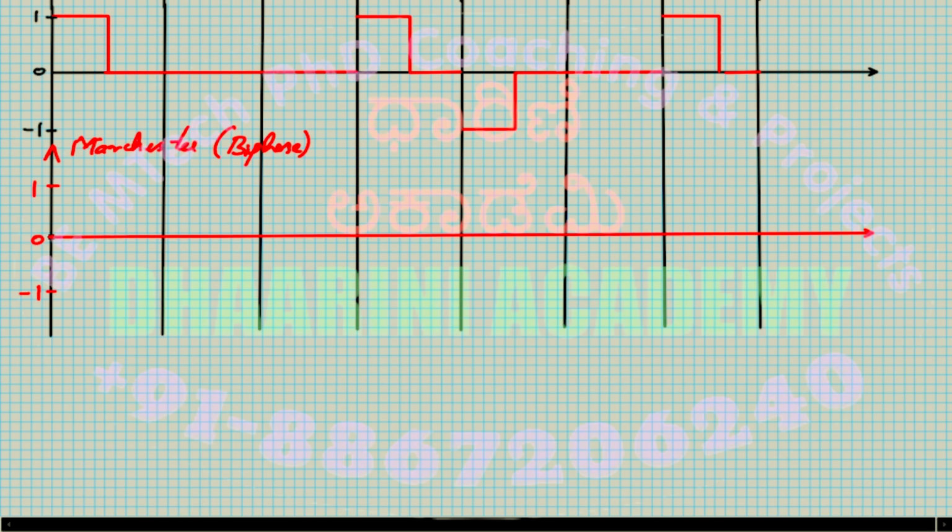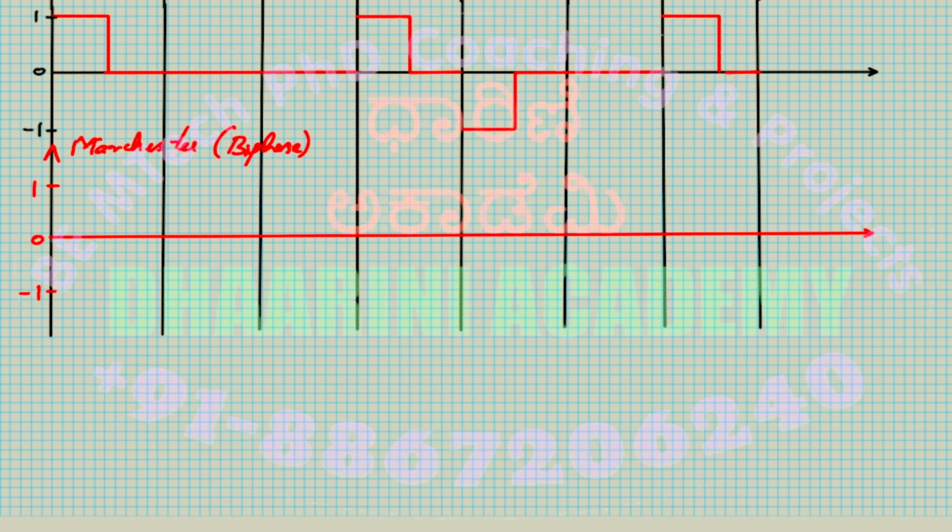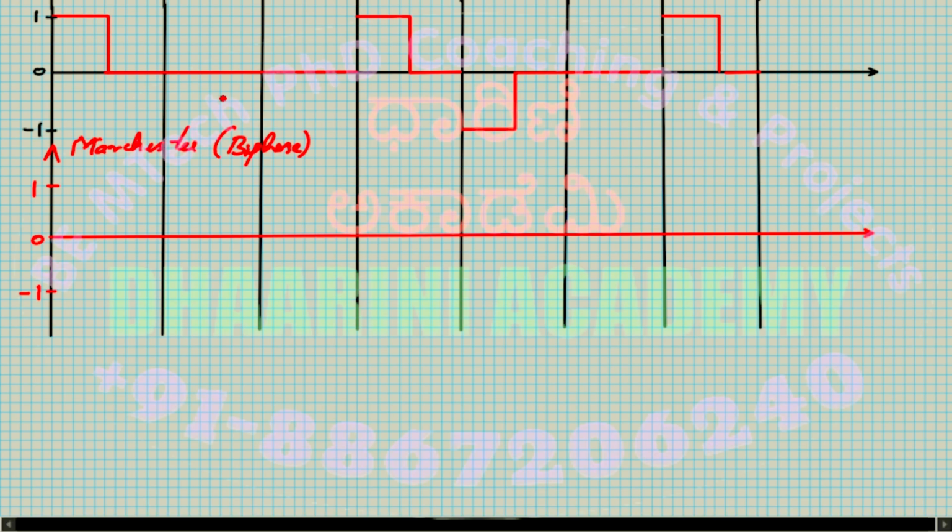This 0 which we have at the center is never going to be used. Whether you are sending 1 or 0, for half of your bit period you send either +1 or -1. The remaining half you send the other one. In a sense, if you are sending 1 for the half, for the remaining half you will send the -1. So how do you decide that?